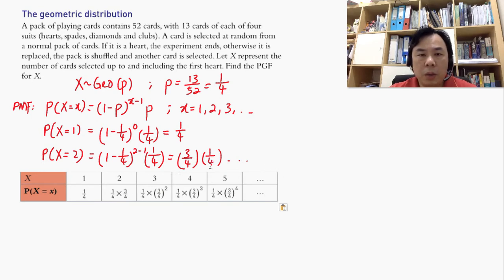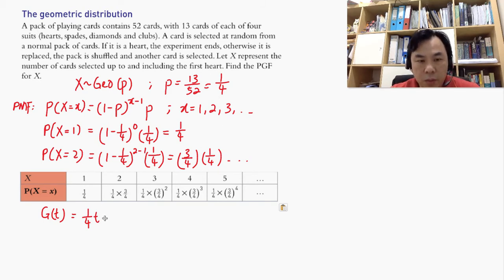Now, how are we going to create the probability generating function using the table, for instance? Okay, now using the table, the probability generating function could be written as, let's assume that G(t) is our probability generating function. The way to create the generating function from the table itself is all you need to do is copy its individual probability, and then t raised to the power of the discrete random variable here.